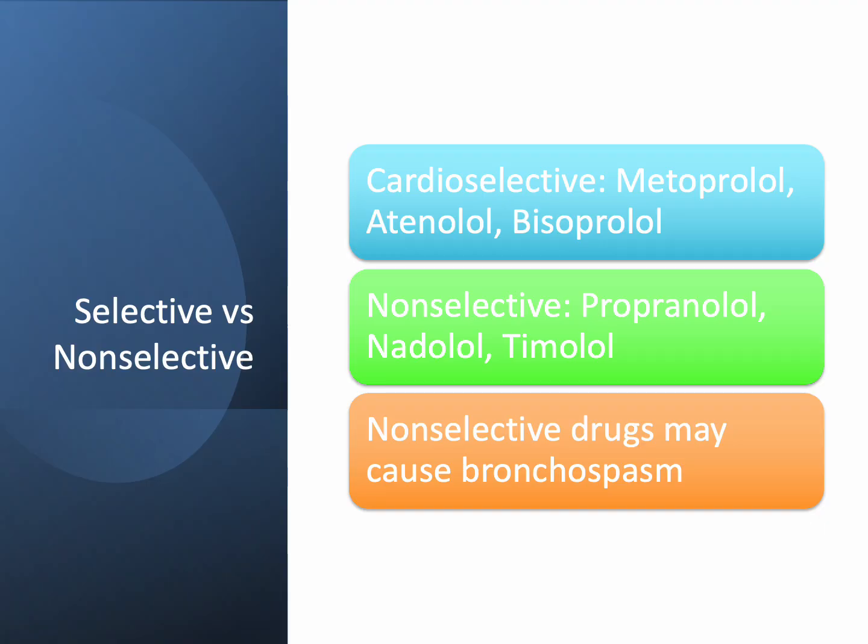The non-selective ones, propranolol, nadolol, timolol, affect both the lungs and the heart. So propranolol can help with anxiety, but also affects your heart. So selective, cardio; non-selective, both.